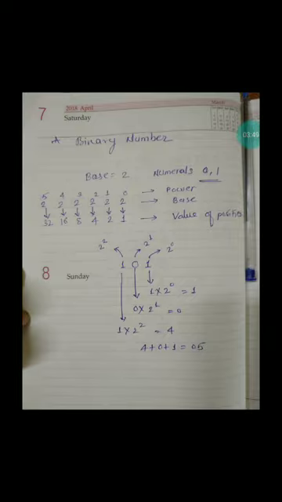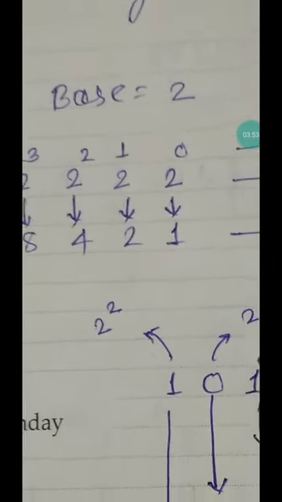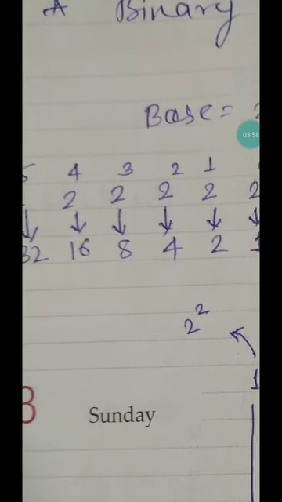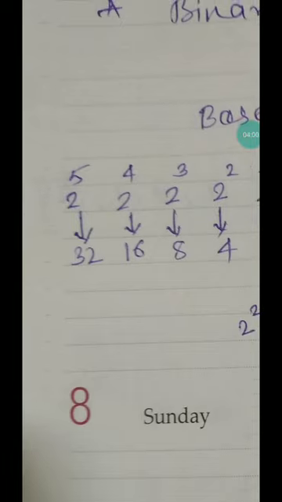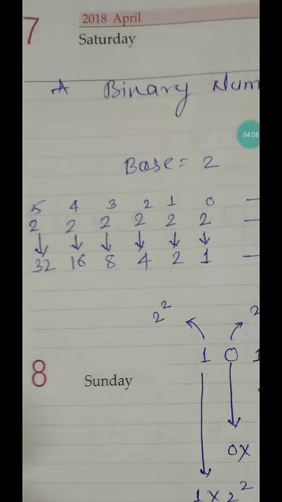Similarly in binary we have powers of 2. First is the 0th power of 2, first power of 2, second power of 2, third power of 2, fourth power of 2, fifth power of 2 and so on. There can be an nth power of 2.